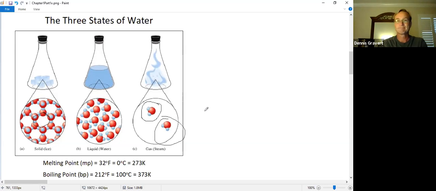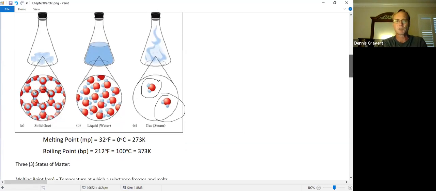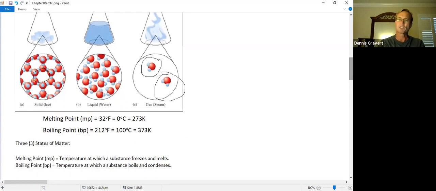Okay, cool. Let's see what else we got here. Melting point, boiling point. Right, so when you talk about the three states of matter, gas, liquid, solid, you can talk about changing the material among those three phases, right? So if you want to change a solid to a liquid, well, you melt it. Whether it's water, or I should say ice, you want to melt ice, solid to a liquid.